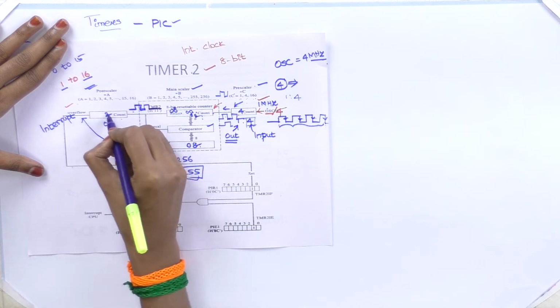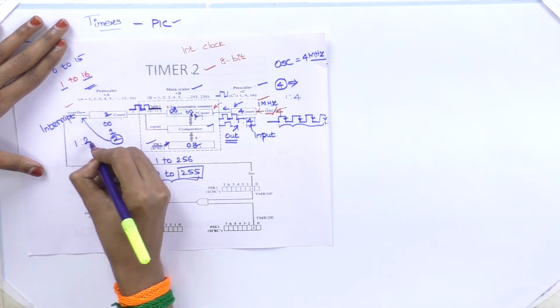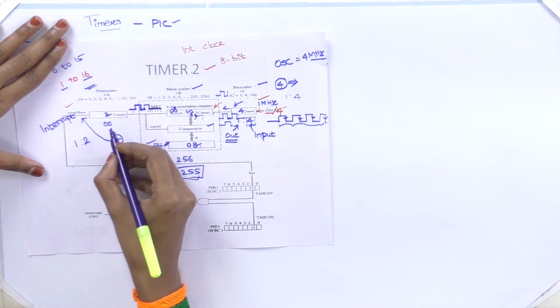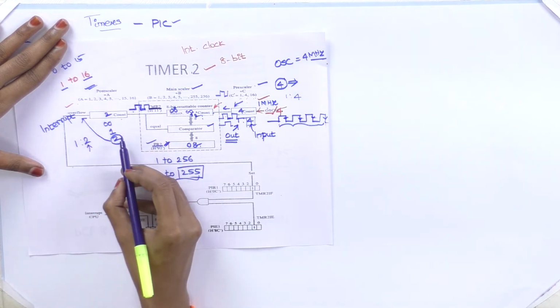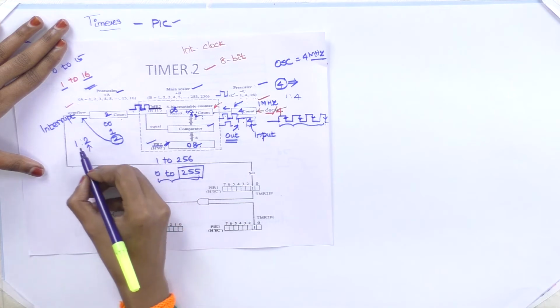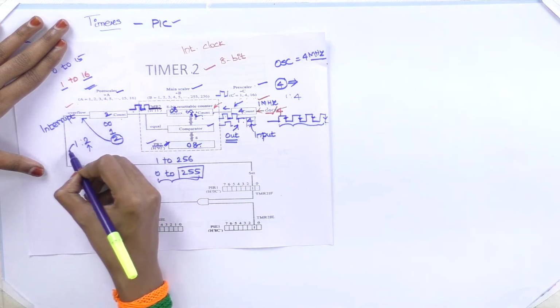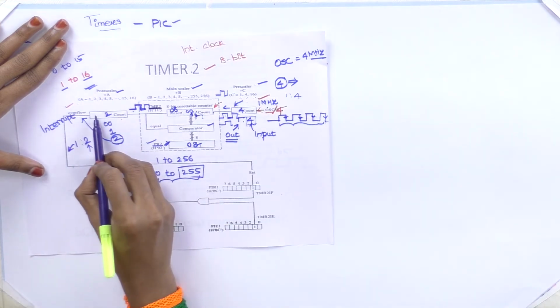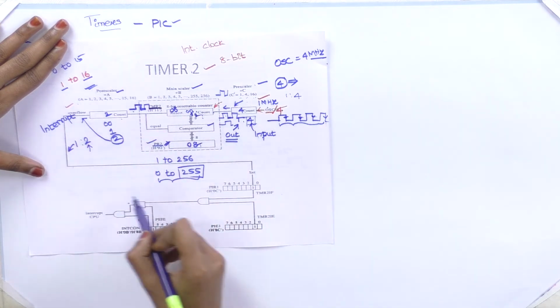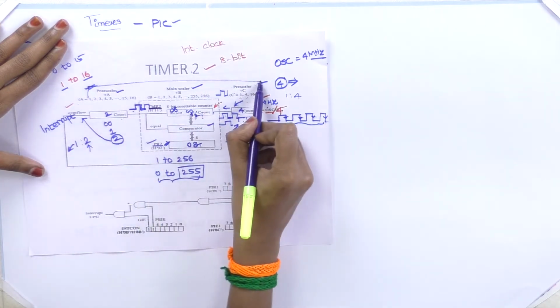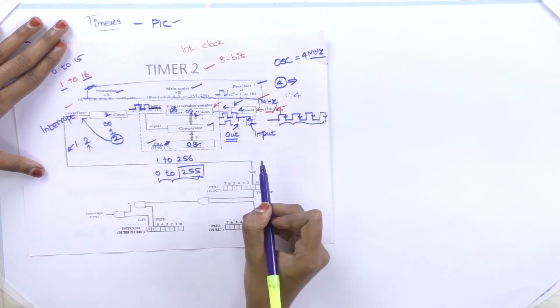If I assign 2, meaning 1 is to 2, for every 2 pulses the post-scalar receives, it will generate an interrupt outside. That's the meaning here. As the total cycle completes, I have to multiply all these values to get the total time period. This is how the timer works.